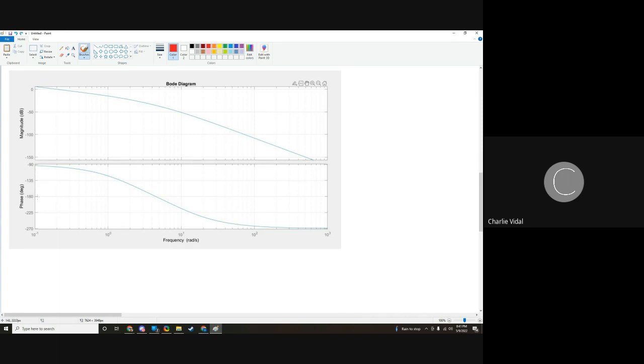It's actually going to be 60 minus 180, which is equal to negative 120 degrees. Negative 120 degrees is maybe about over here, I would say. Right there. Okay, so that seems pretty simple.